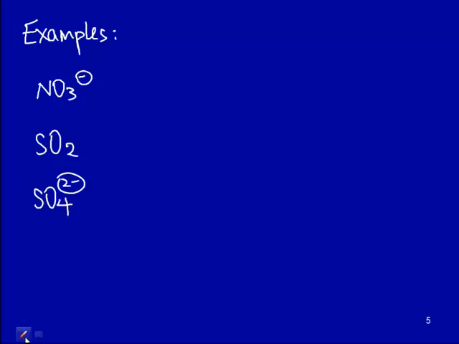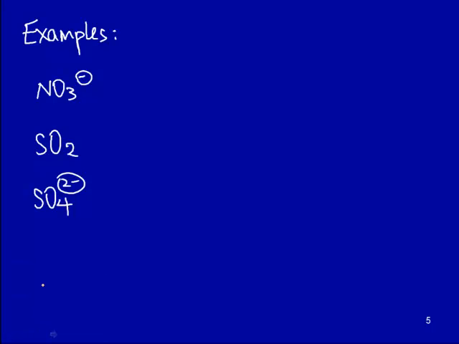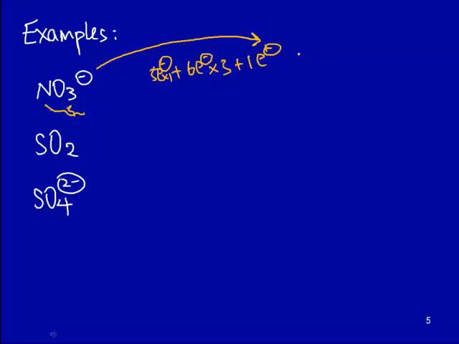So time is up, and let's take a look. For the nitrate ion, you will have 5 valence electrons plus 6 multiplied by 3, plus 1 because of the negative charge.